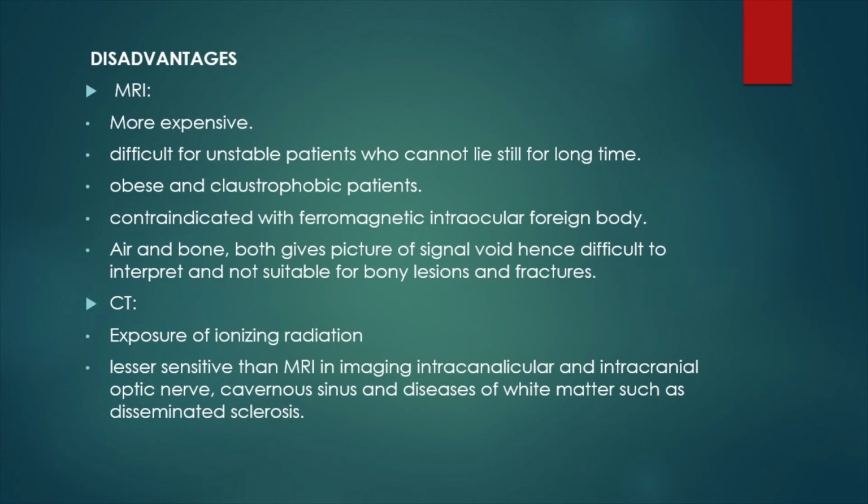Air and bone both give a signal void, hence it is difficult to interpret and not suitable for bony lesions and fractures. The disadvantage of CT is exposure to ionizing radiation. It is less sensitive than MRI in imaging the intracanalicular and intracranial optic nerve, the cavernous sinus, and diseases of white matter such as disseminated sclerosis.